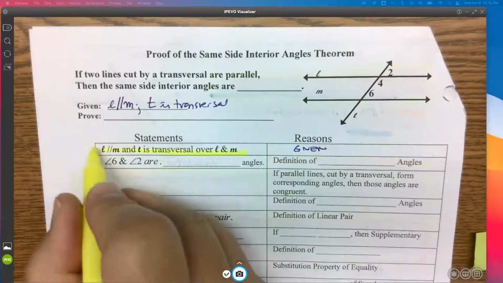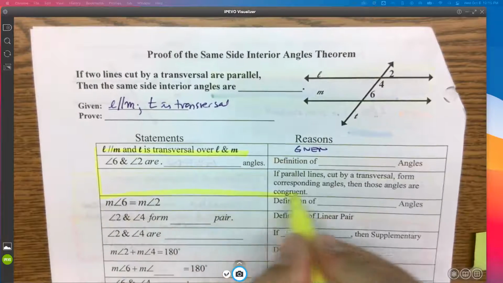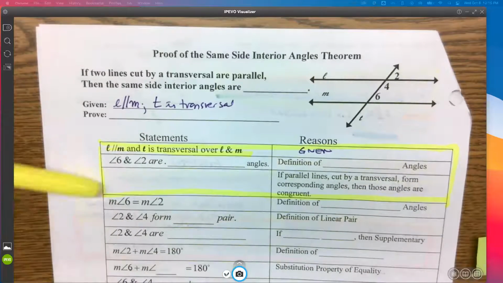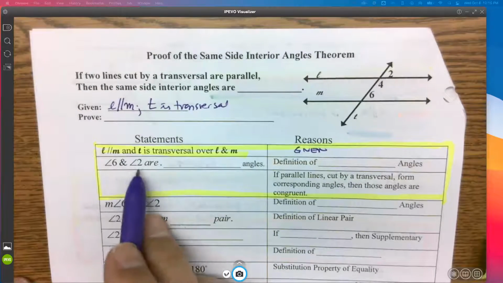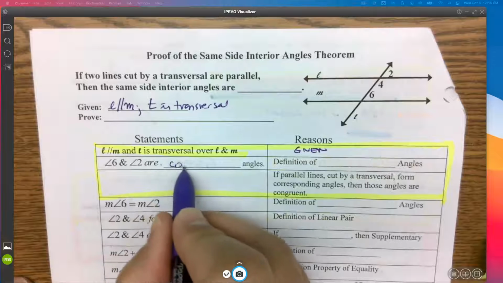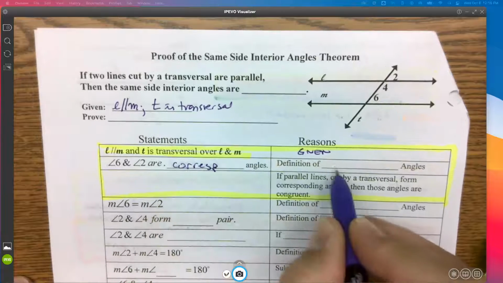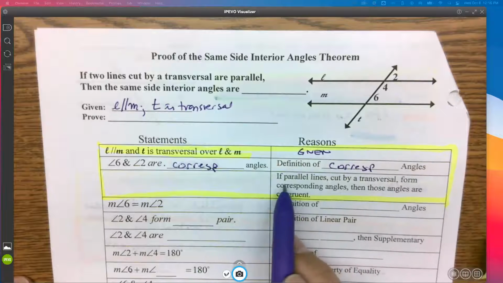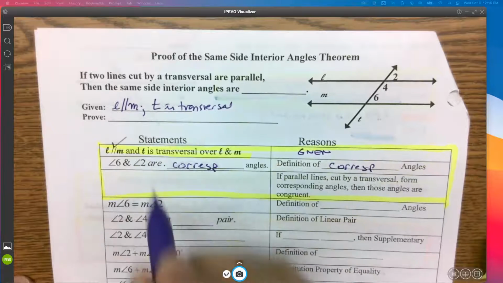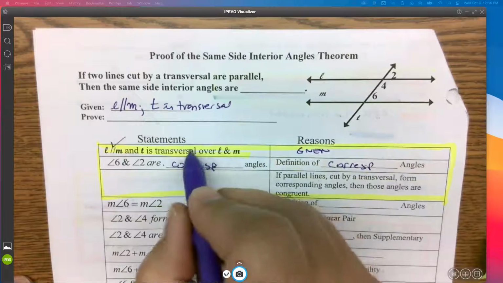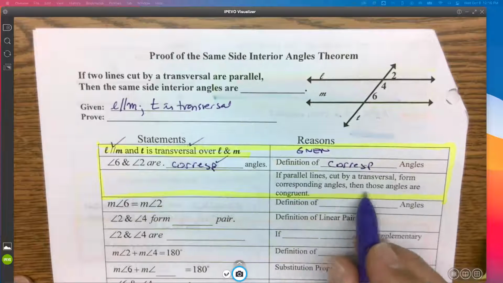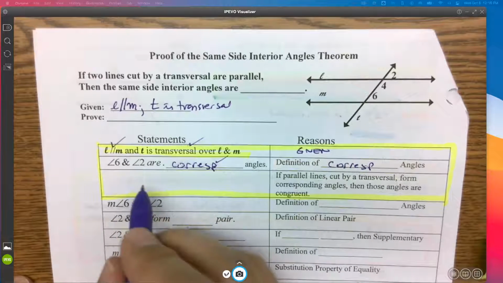And I'm going to do my first chunk here. I want to get North Shore and South Shore together. So I'm saying 6 and 2 are corresponding angles. Definition of corresponding angles. And then I'm saying if parallel lines, which I've got, cut by a transversal, which I've got, form corresponding angles that I've got, then those angles are congruent.